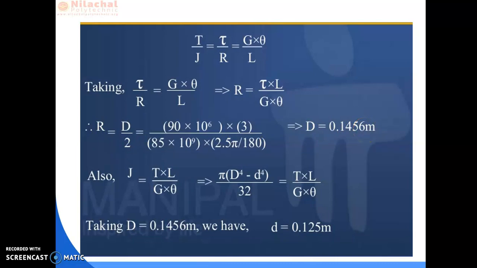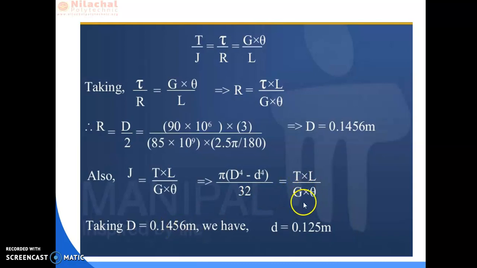Now we'll go for finding out the value of internal diameter and external diameter. The external diameter is already obtained from the formula for shear strength. Next, J is equal to TL by G theta. So J value is pi times D to the fourth minus d to the fourth divided by 32, equal to TL by G theta.